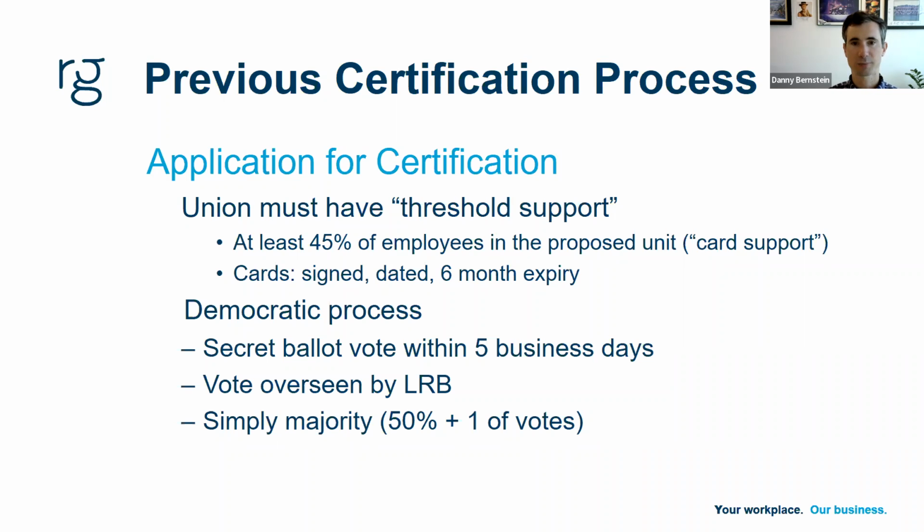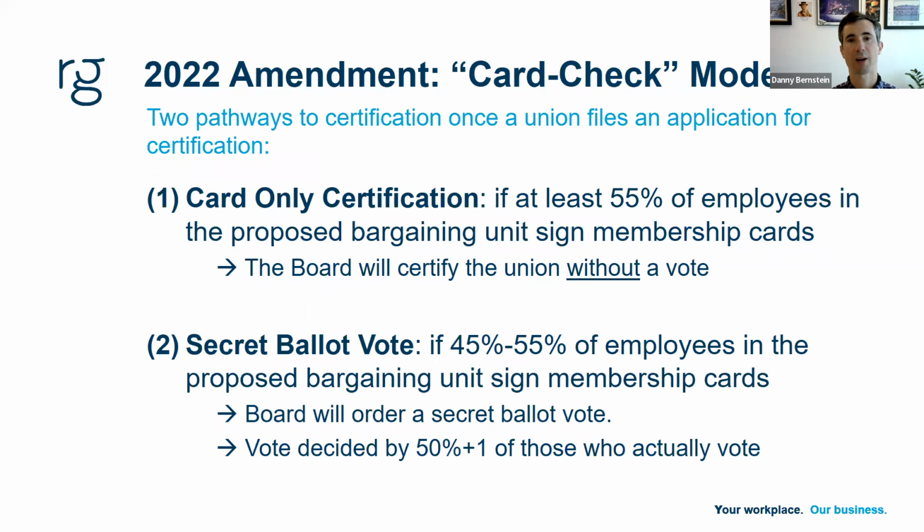Now, with card-only certification, we have two processes. We have, firstly, if the union has 55% of employees in the unit who have signed cards, and remember that can be, excuse me, at any time within the 6 months prior to the application.